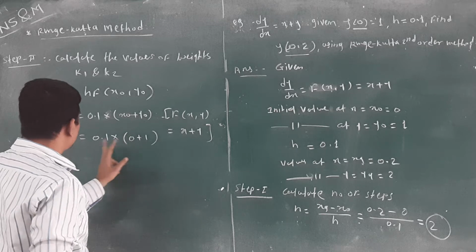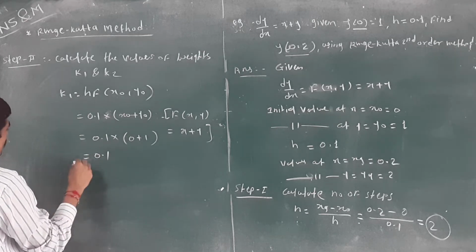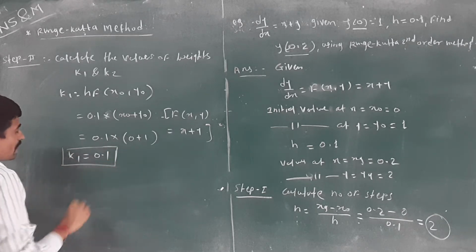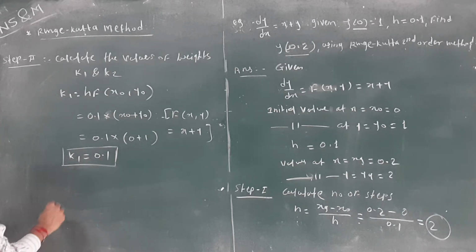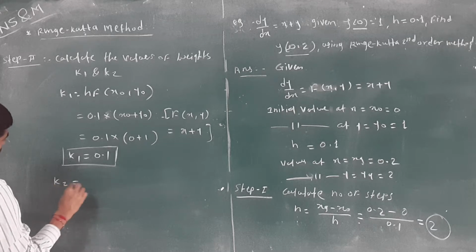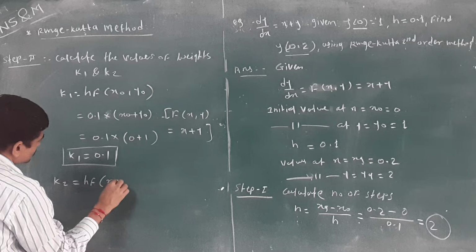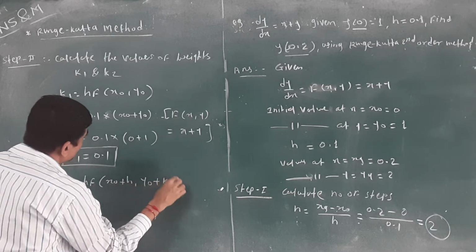Then you will get 1 into 0.1, which is 0.1. This is the value of K1. Very simple. Then the second weight K2 is equal to, what is the formula? h times f of x0 plus h and y0 plus k1.